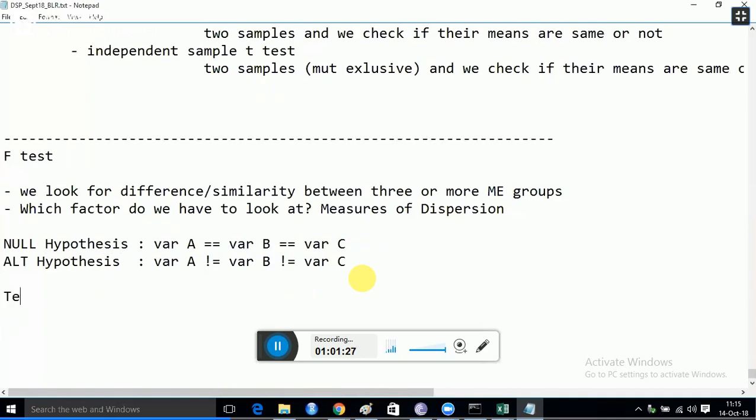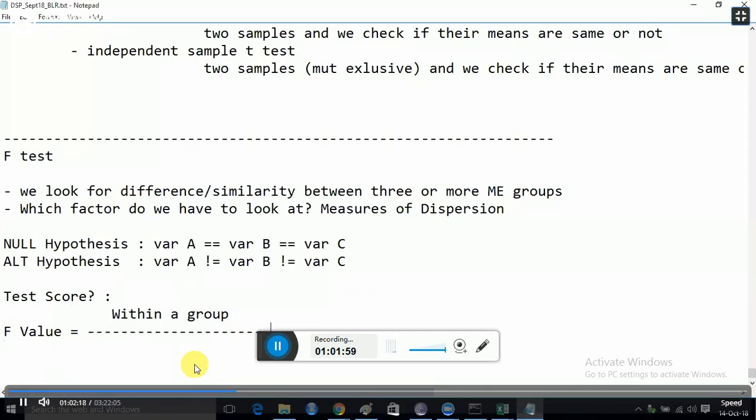Now let's calculate our test score. What is our test score? Our test score is our F value, which is a ratio of variance, or any dispersion, within a group and variance between the groups.